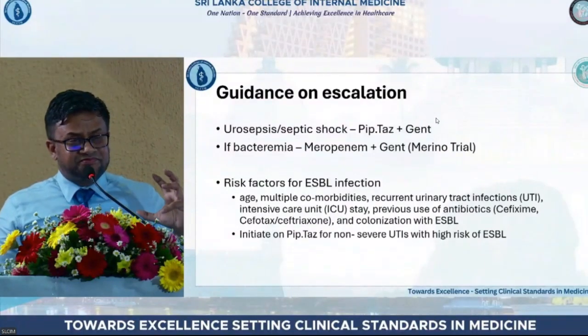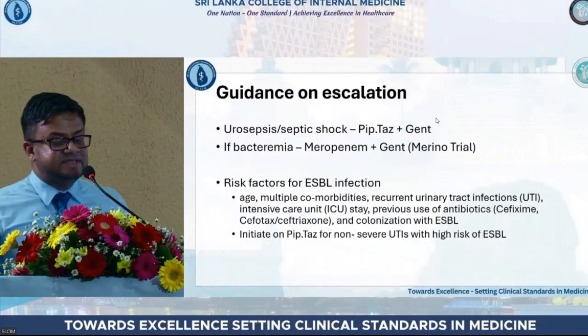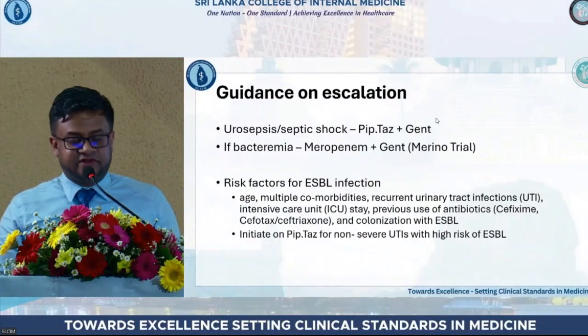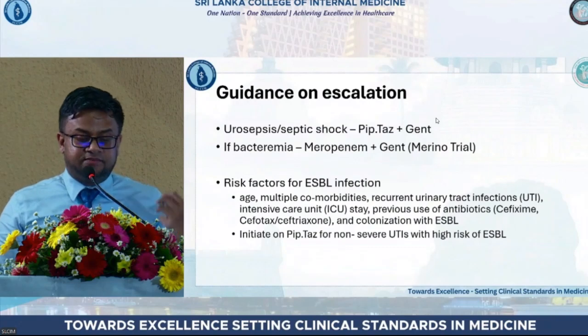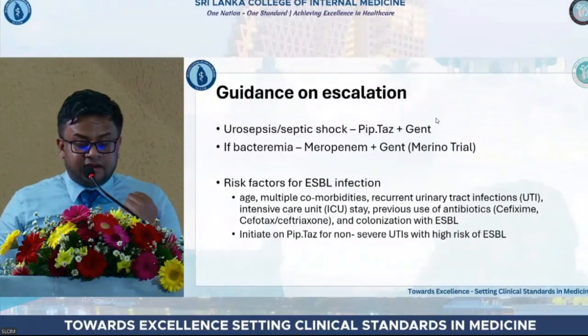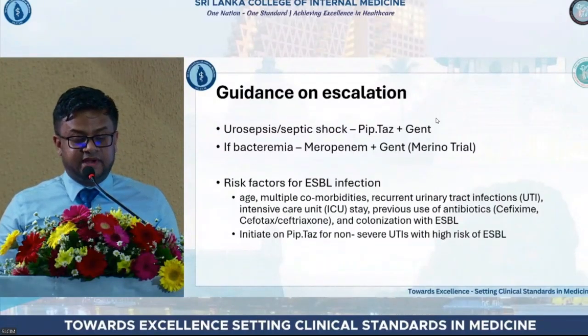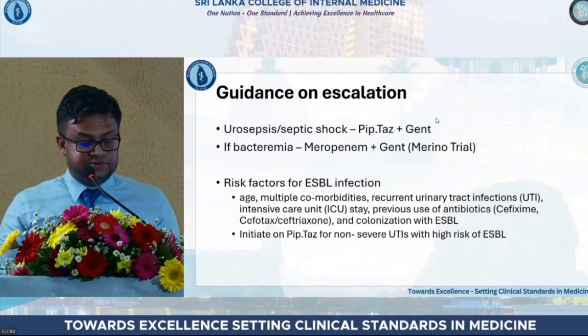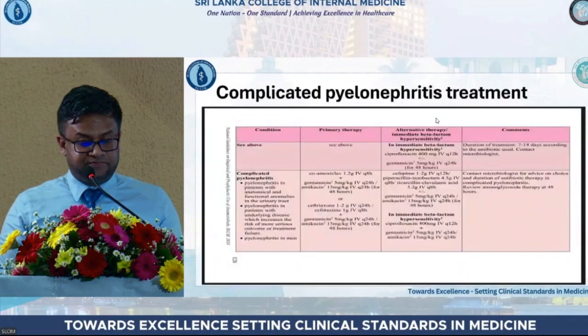And always check whether the patient has risk factors for ESBL infection: age, multiple comorbidities, recurrent urinary tract infection, intensive care stay in the recent or past, previous use of antibiotics such as cephalosporins, or colonization with ESBL. Right.